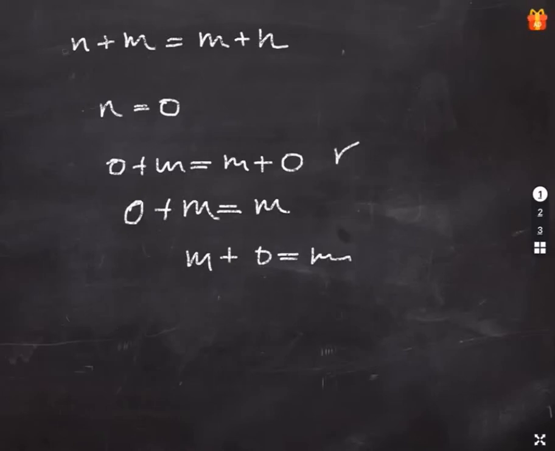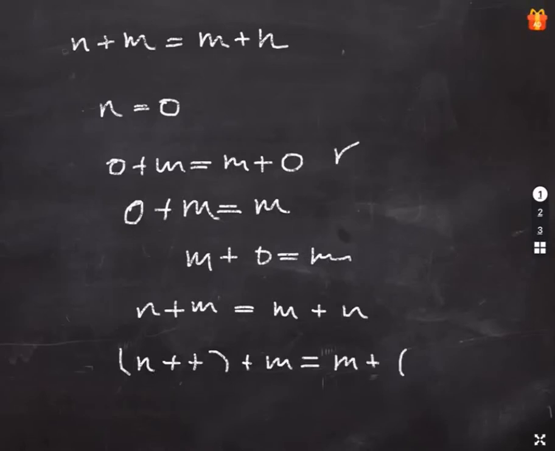Now we're going to suppose inductively that n plus m is the same as m plus n, so that all you have to do now is to prove that n plus plus plus m is the same thing as m plus n incremented twice, to close the induction.